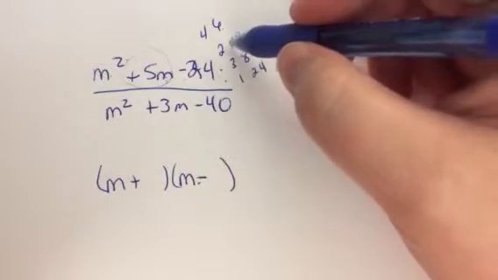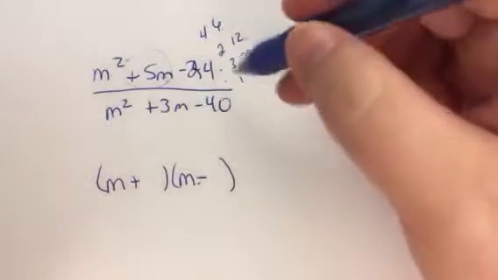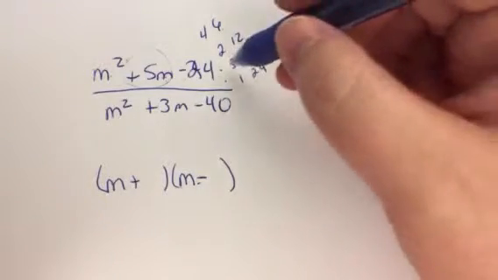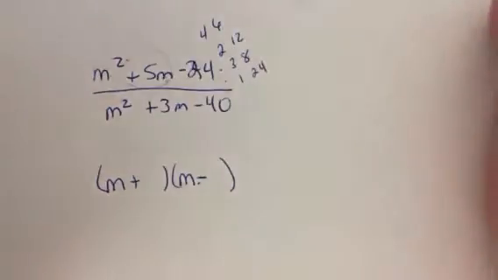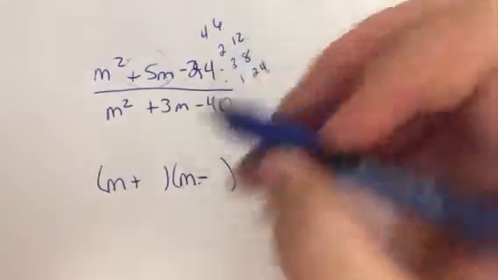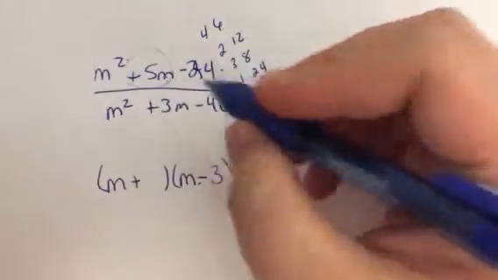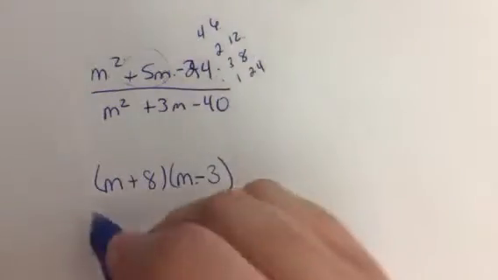If 12 were negative, we'd get a negative 10. So that's not going to work. If we look at 3 and 8, if we make 3 negative, 8 positive, that would get us the positive 5. So we can just stop right there. So 3 has to be the negative value, 8 has to be our positive. Okay, so we just factored that top trinomial.